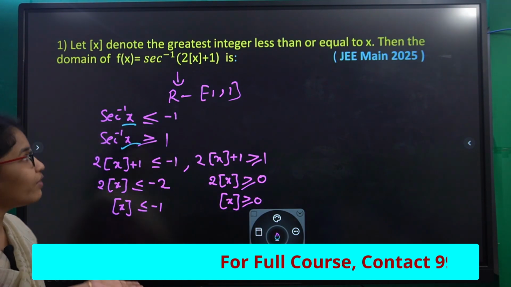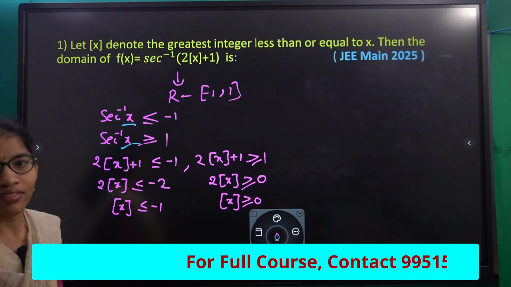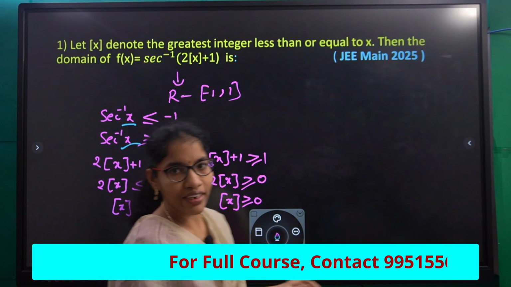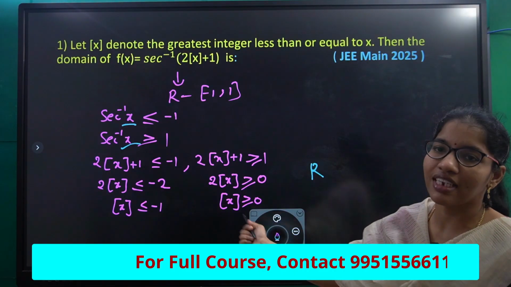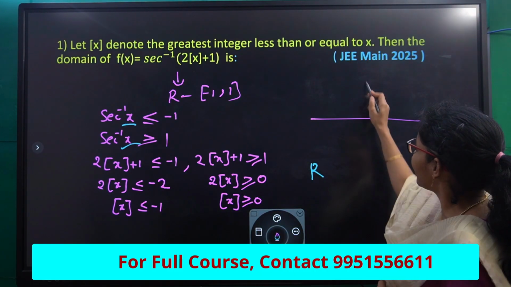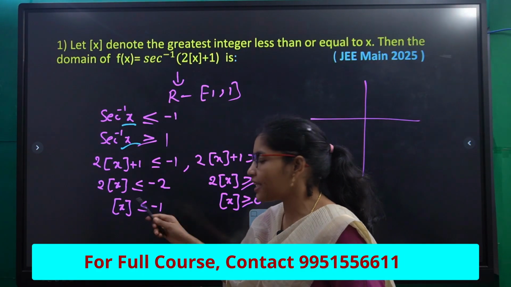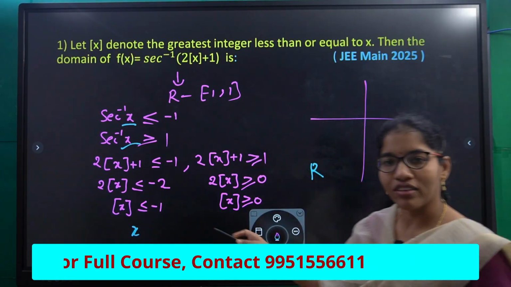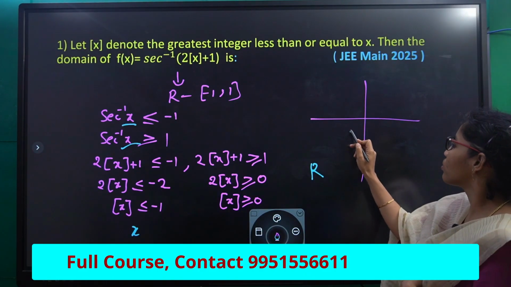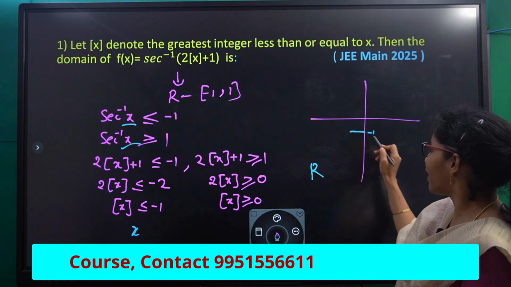So now tell me what is the domain for this x here. Simply you can say it is R. How? Because [x] is less than or equal to -1. If you take the graph of this step function, [x] less than or equal to -1 means what are the values of x here? So [x] can be -1. Here these are the values. Here it is -1.